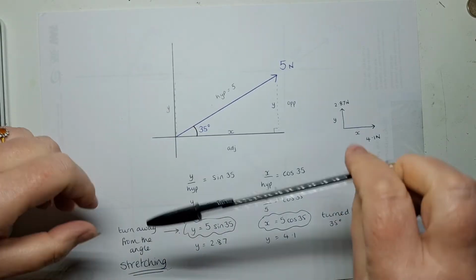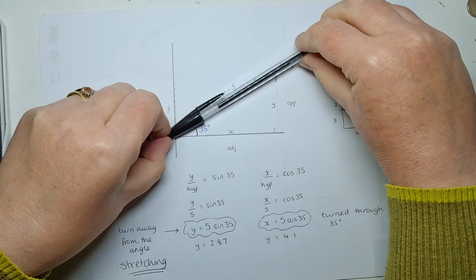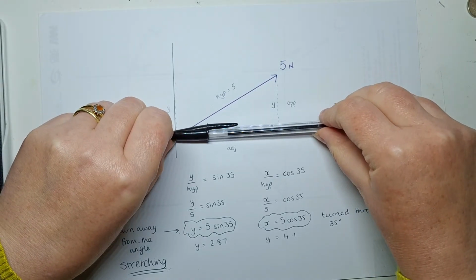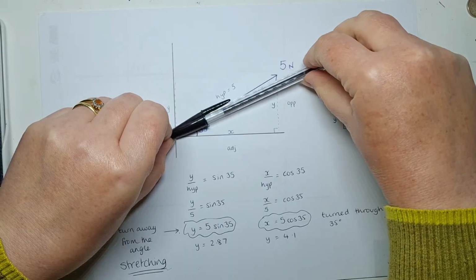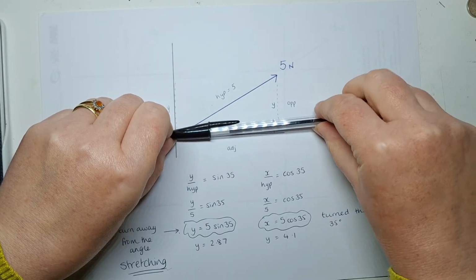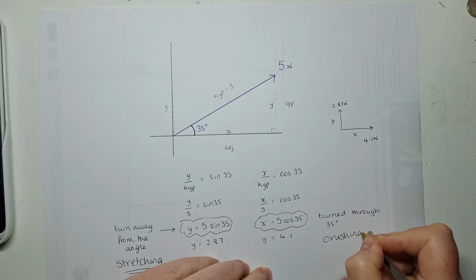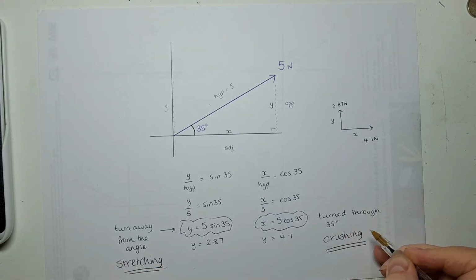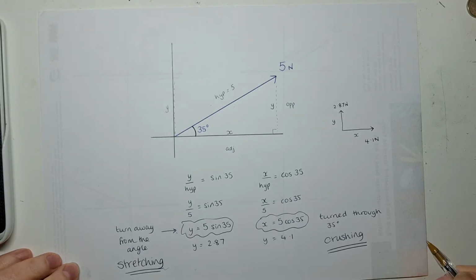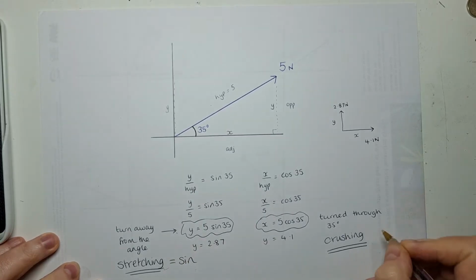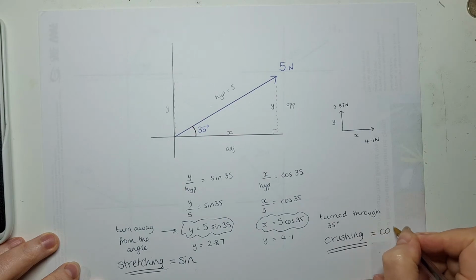And if you imagine that you turn through the 35, I want you to imagine you are crushing the angle. Those are the two words you've got to remember: stretching and crushing, because stretching is sine and crushing is cos.